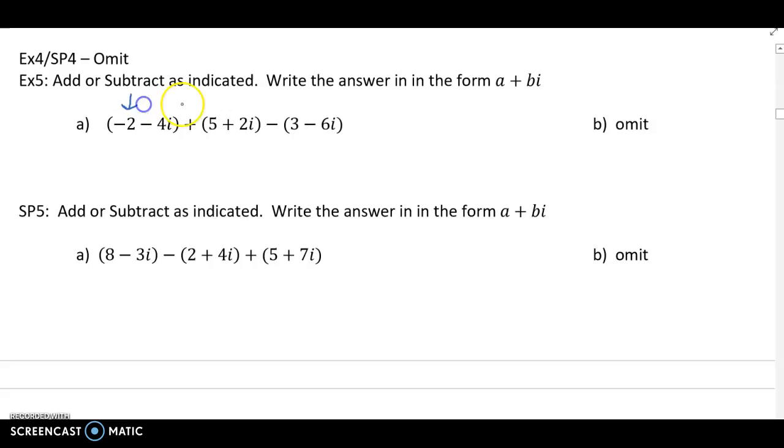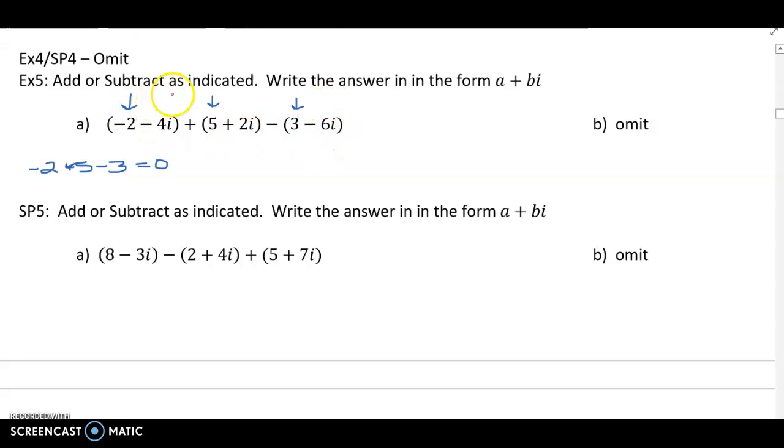So we're going to do -2 plus 5 minus 3. I'm going to write that down over here. Well, that zeroes out, so the real number is 0. And then we're going to focus on just the imaginary numbers.